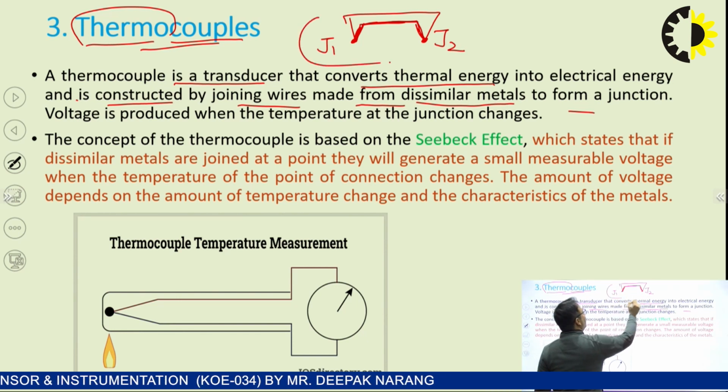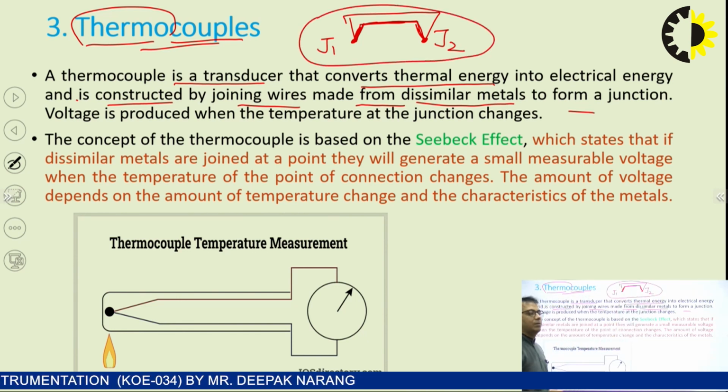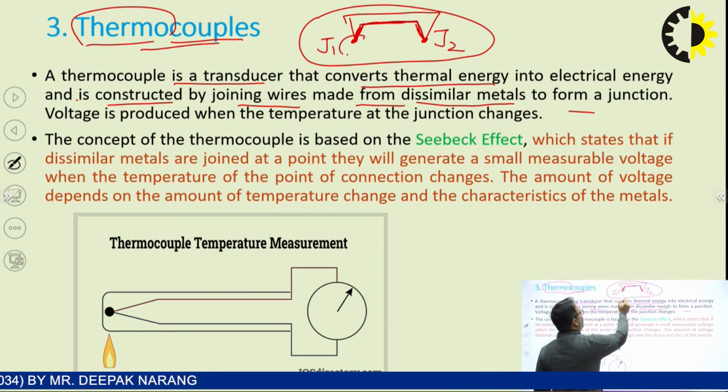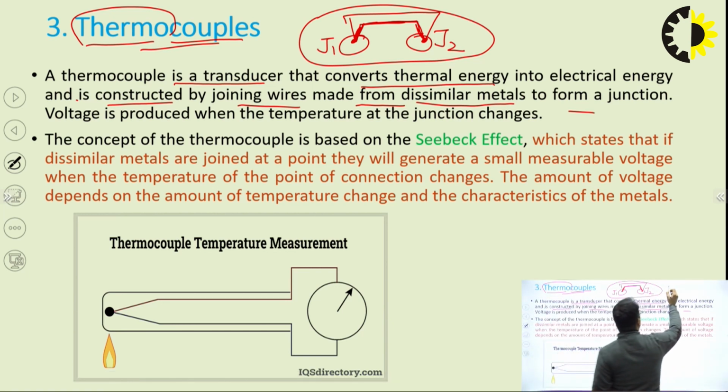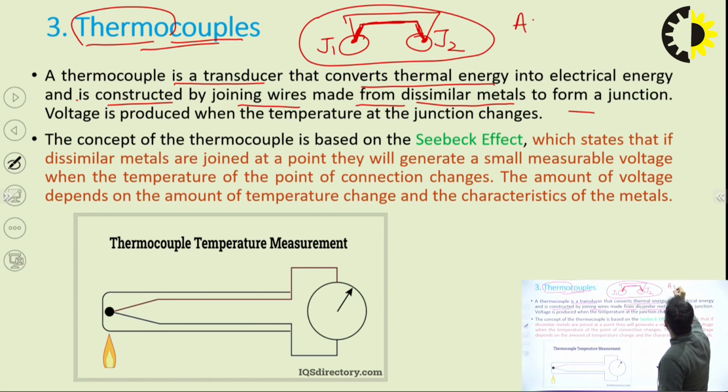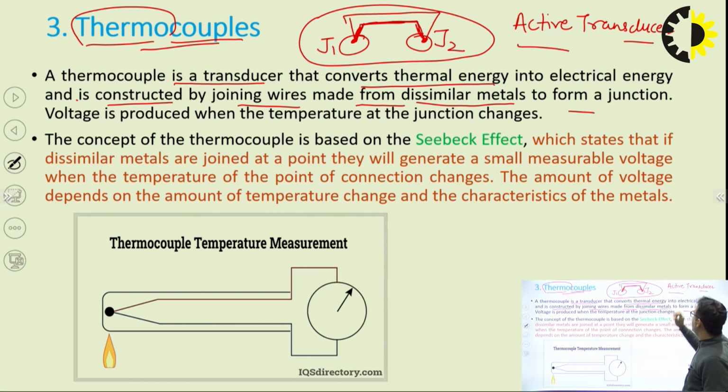This arrangement is termed a thermocouple because these two junctions are kept at different temperatures, and they act as active transducers. Why active? Because a thermocouple doesn't require any auxiliary power supply to convert temperature into electrical energy.